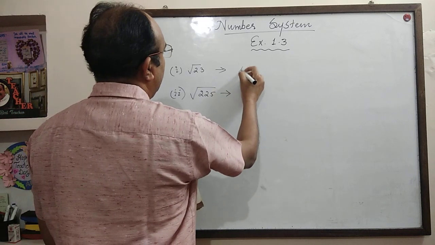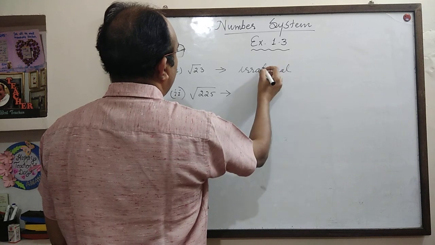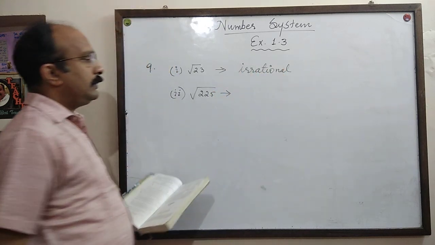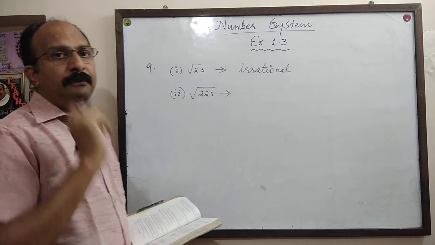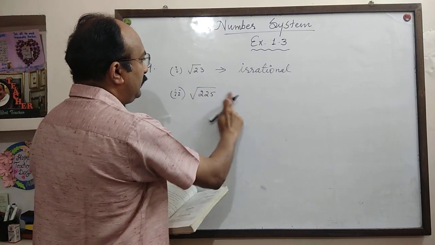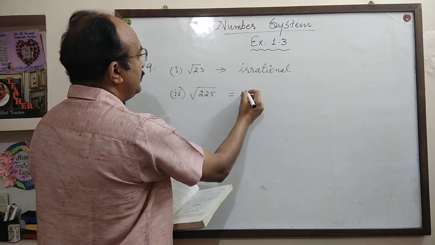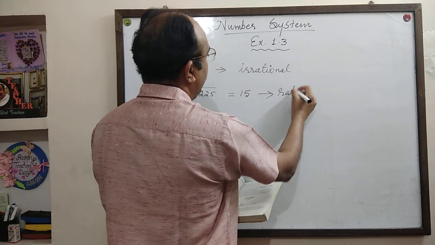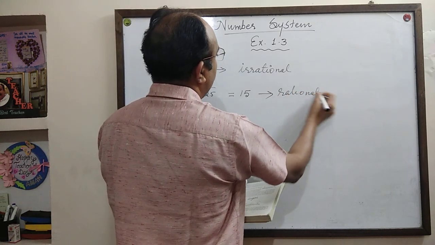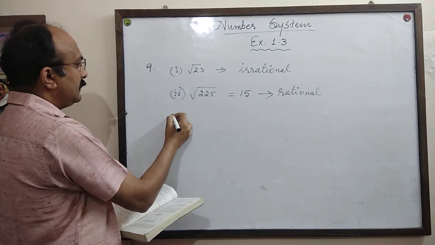So, under root 23 is irrational. Now, what about under root 225? We know that 225 is a perfect square number. 225 is the square of 15. So, under root 225 is 15 and 15 is rational. So, under root 225 is rational.